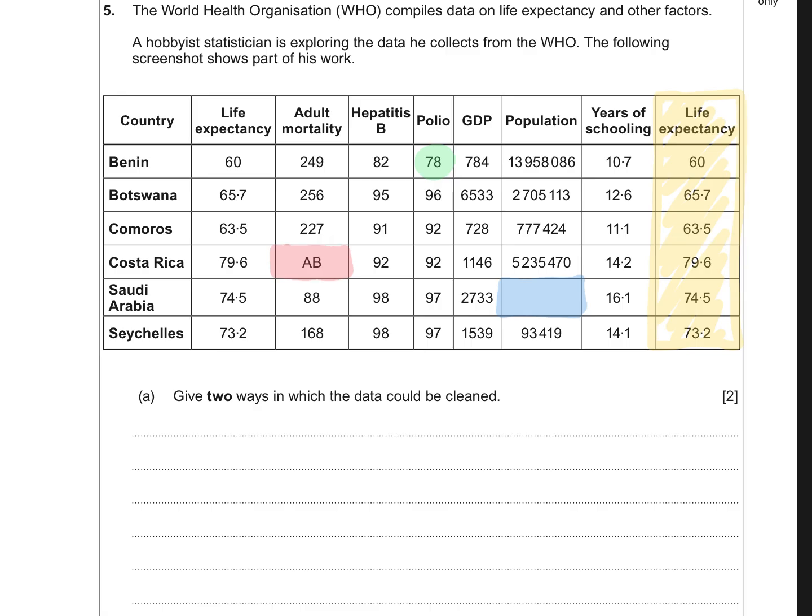So I think I'm probably going to go with the red one and the blue one. So I would say include the population for Saudi Arabia, and then Costa Rica adult mortality.